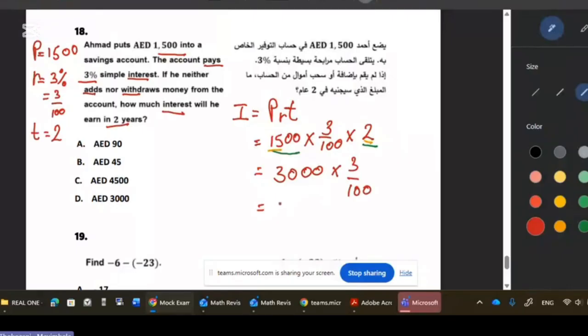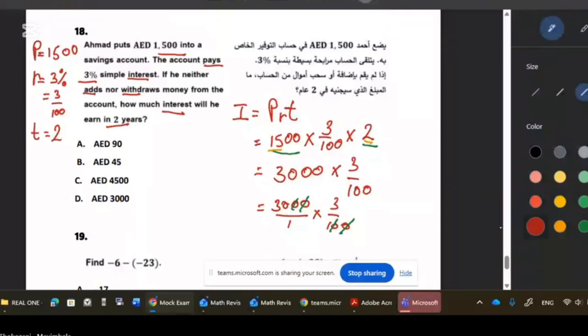Now let's make everything a fraction. Now we have 3,000 over 100. And now we can simplify it because there's a multiplication here. This cancels off with that, and then this 0 cancels off with this 0.